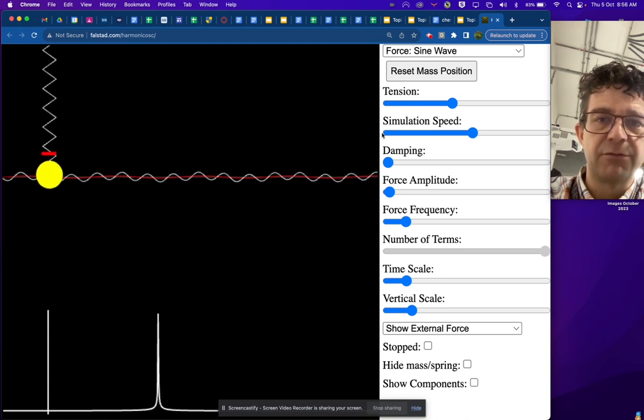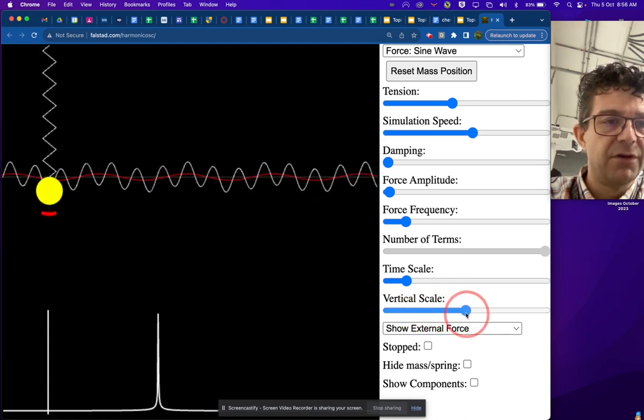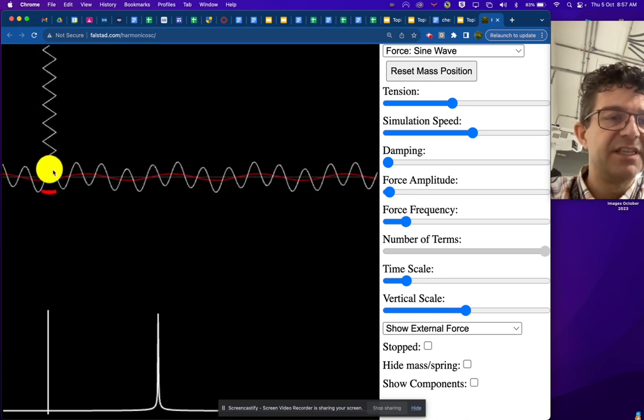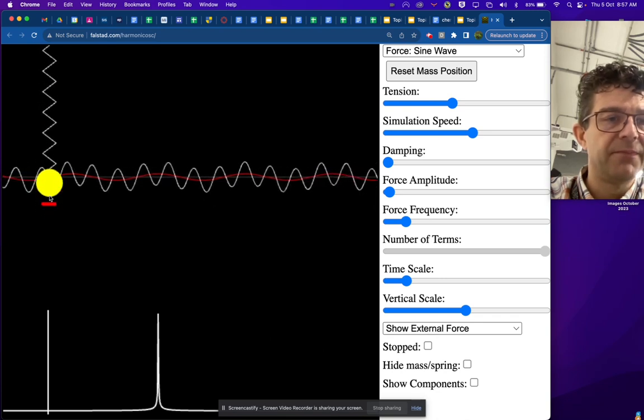You can see in red the drive force, which is at a very low frequency right now. And you can see the external force is the arrow that points down or up.